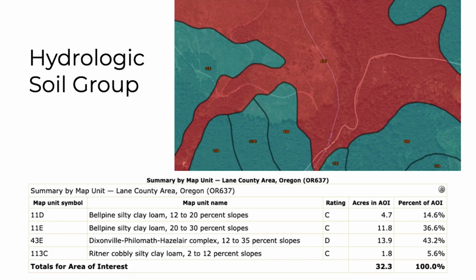So it goes from fast to moderate to slow to very slow. And you can see that the soils in our area are rated C and D. So this would mean that the water is going to infiltrate very slowly.